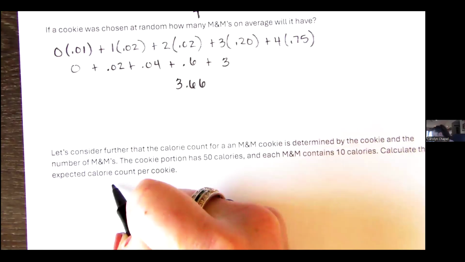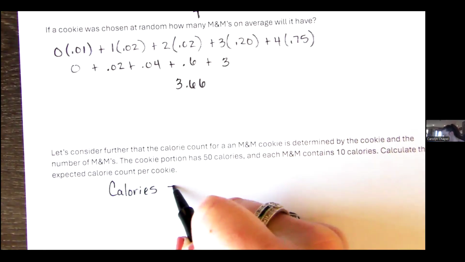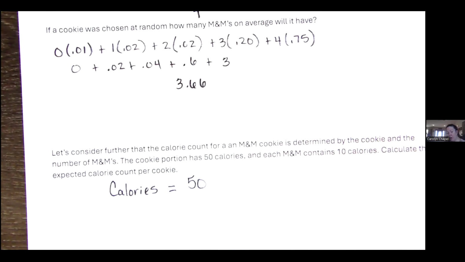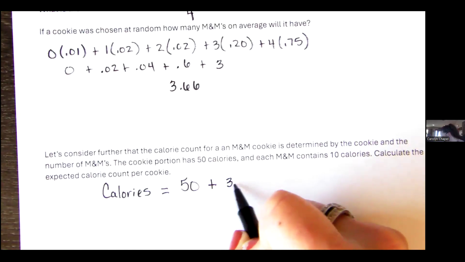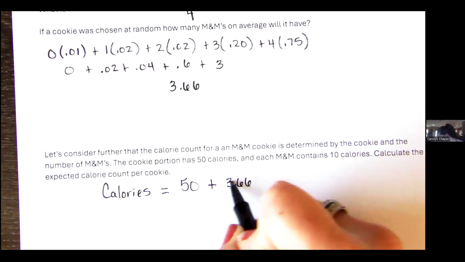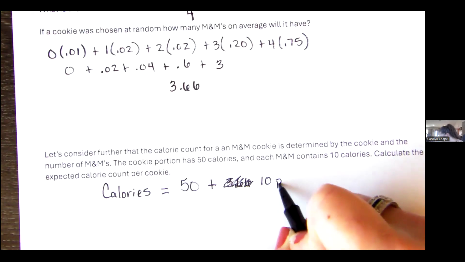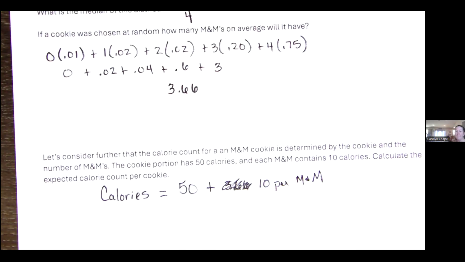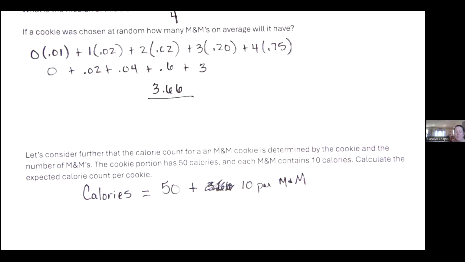So I'm going to write this down. Calories is calculated by taking our 50 calories per cookie and then adding on 3.6, no, that's not what it is. It's 10 calories per M&M, right? Okay, but each cookie has on average 3.66 M&Ms.